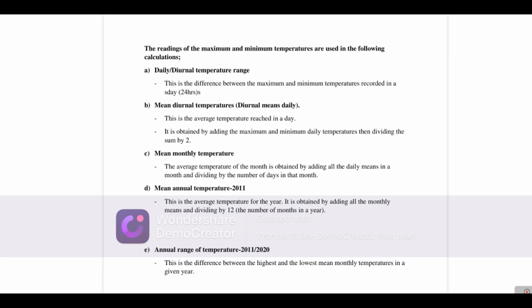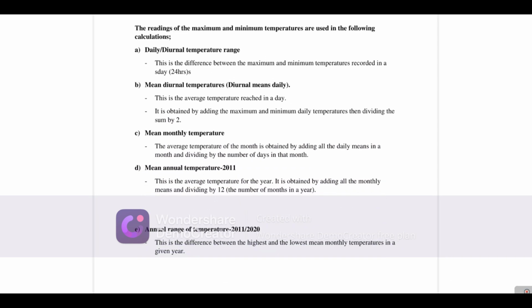Now the readings of the maximum and minimum temperatures are used in the following calculations. So after we have got these results, it is going to help us to do some of the calculations, and one of them being the calculation of the diurnal temperature range.